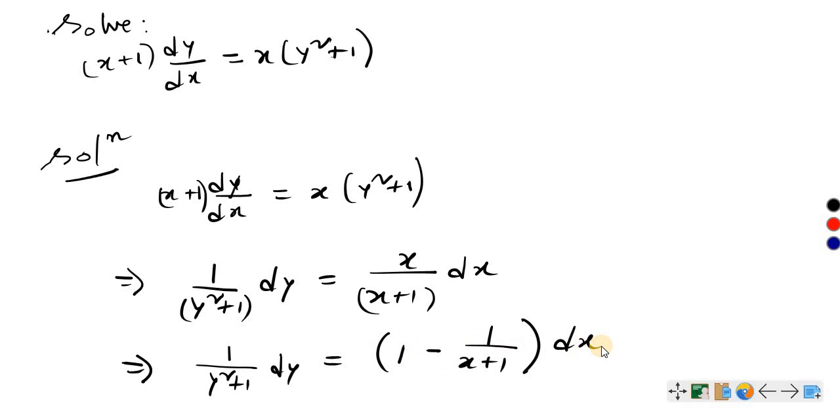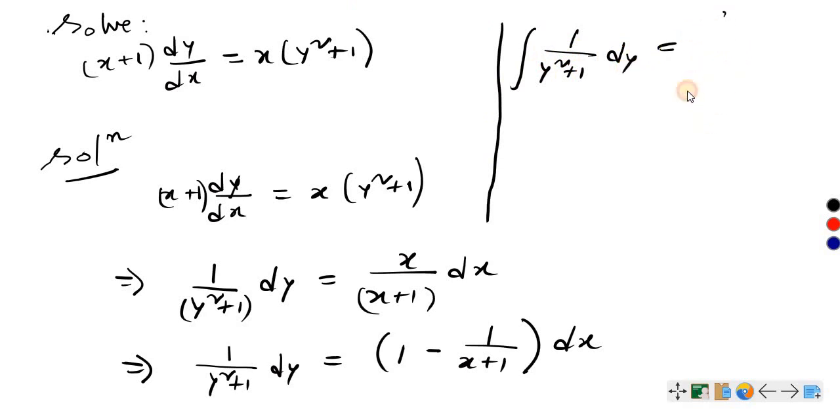Now my next step will be integration. So let me do it here. I am going to integrate 1/(y² + 1) dy equals the integral of (1 minus 1/(x + 1)) dx.